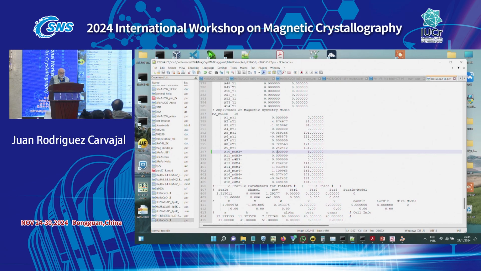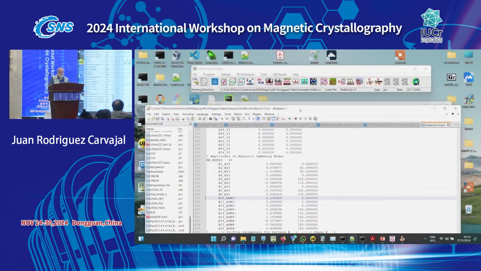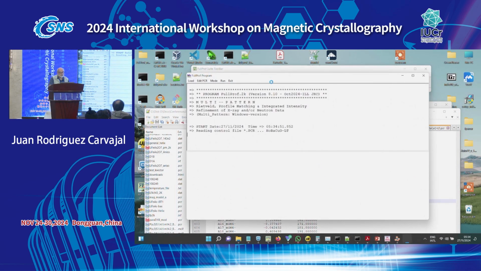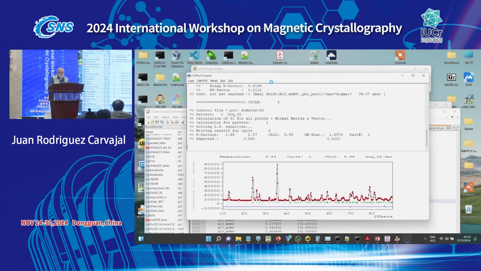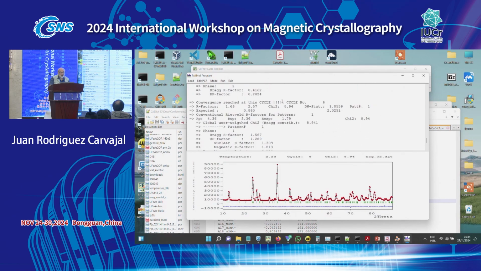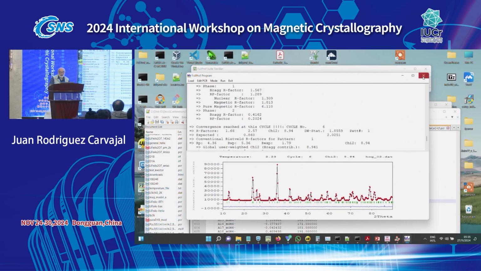Yes. Because in Bohr magnetons, let me just put 2 Bohr magnetons, or 0.2 Bohr magnetons here, just to see what happens. Well, it's converged, but you will see now.